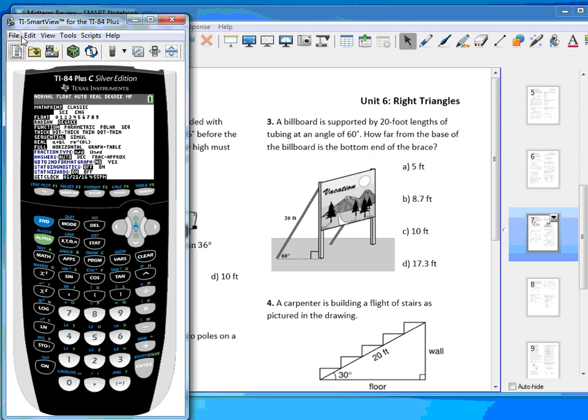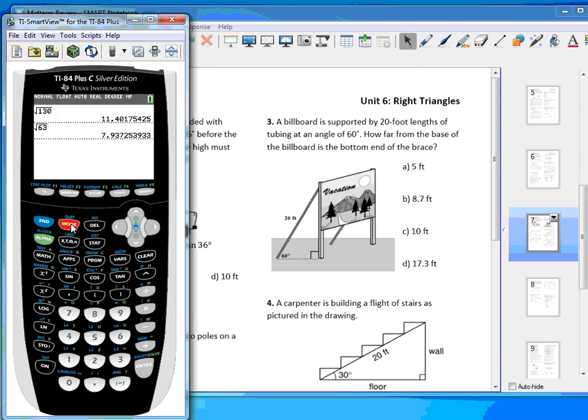Okay, so let's run down how to do the mode. Look, it's already in degree mode, but let's say we didn't see that and we were on the home screen and it looks something like this when we turned it on. If you have the TI-84 Plus, you can see at the very top where it says degrees. But if you are not using this calculator, you don't. To see which mode you're in, you hit the mode button.